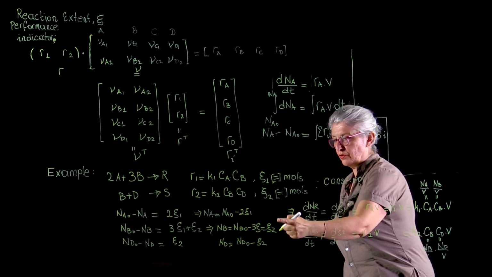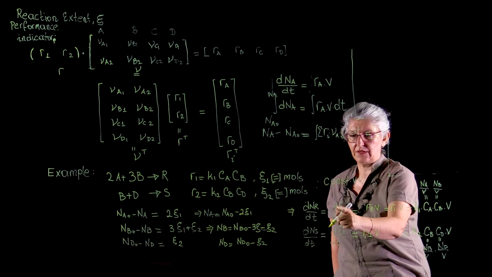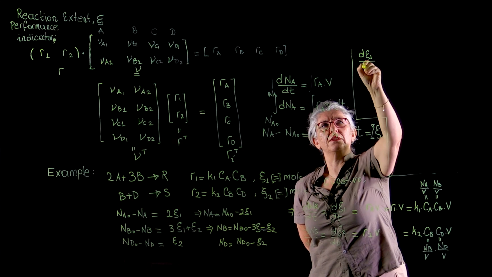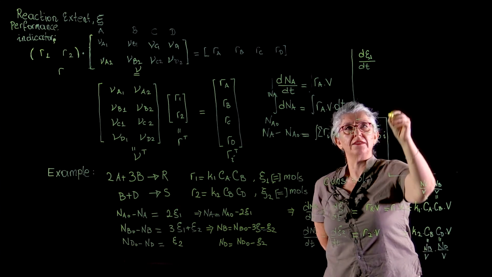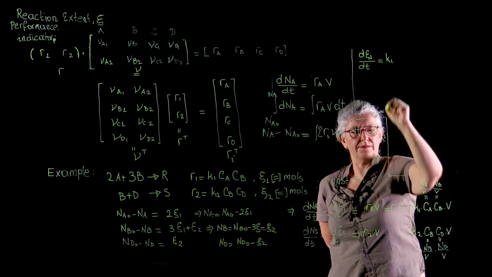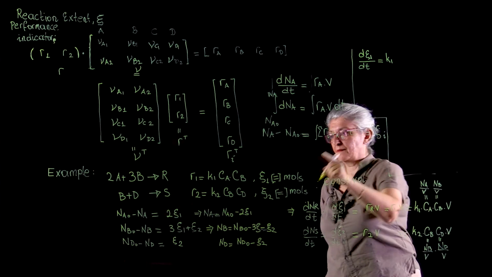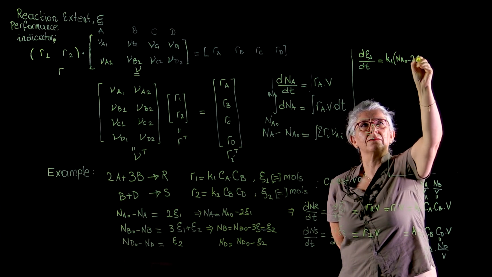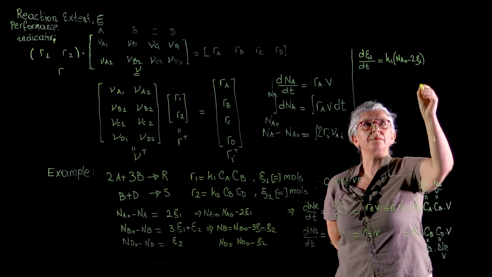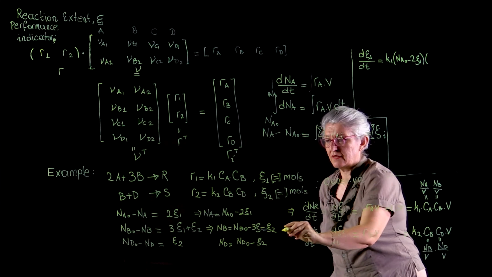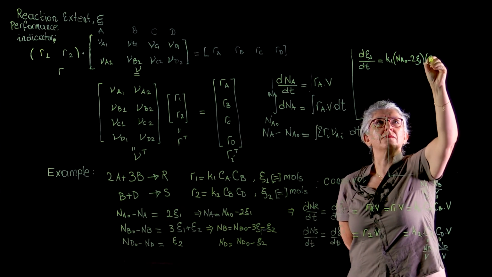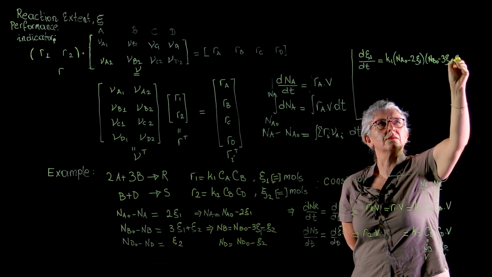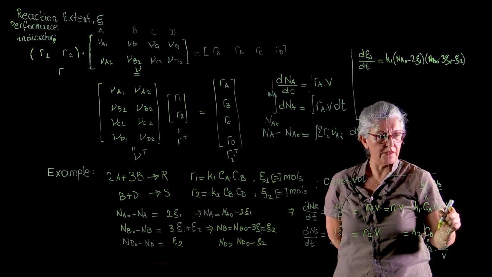So I'm going to substitute this into these differential equations. d Psi1 over dt is equal to K1 times Na0 minus 2 Psi1 times Nb0 minus 3 Psi1 minus Psi2, times V divided by V square.